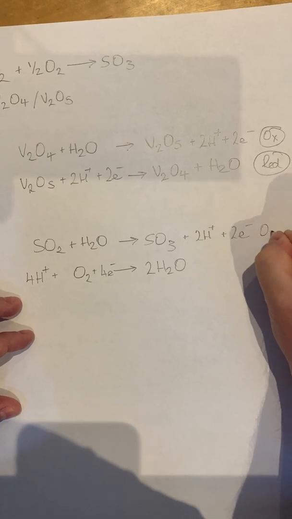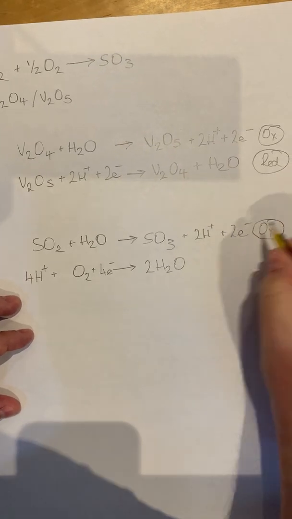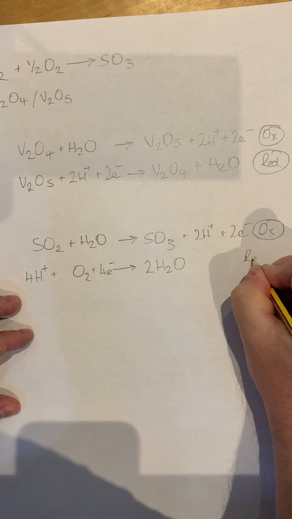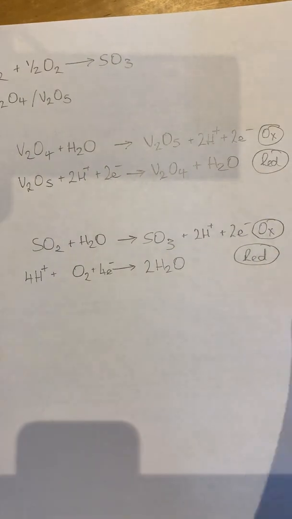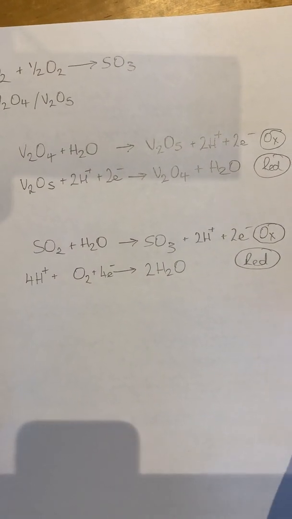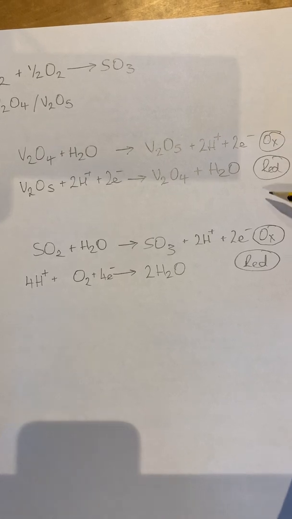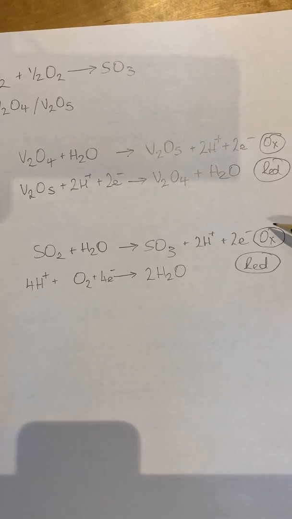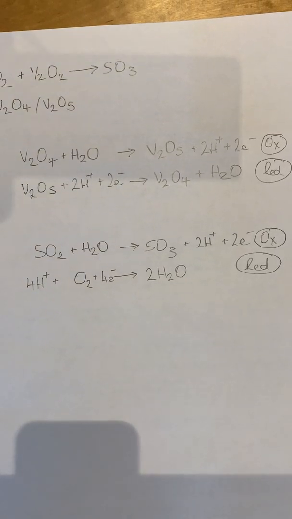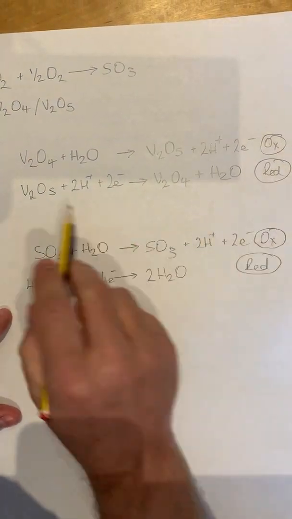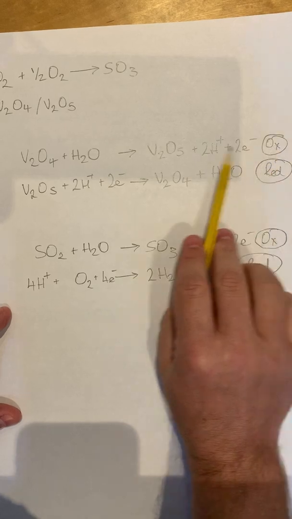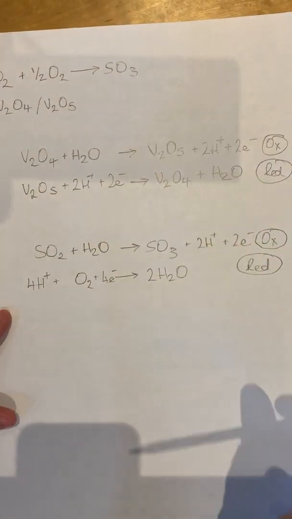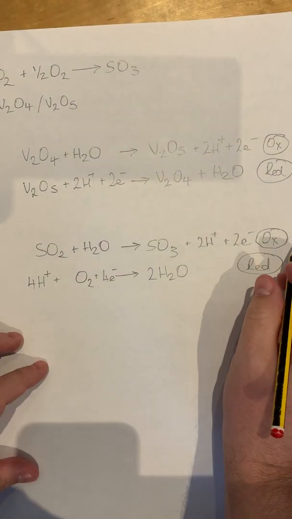So this one is oxidation, this one is reduction. So I'm going to pair up an oxidation with a reduction and the reduction with the oxidation here. So if I wanted to use this one first, it doesn't matter. These equations can occur in either order, as we said last time.